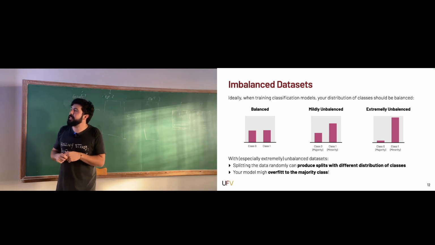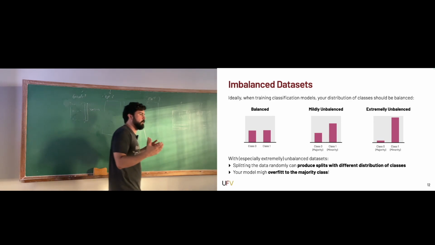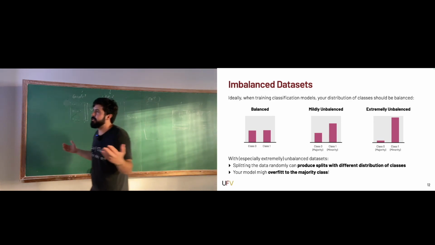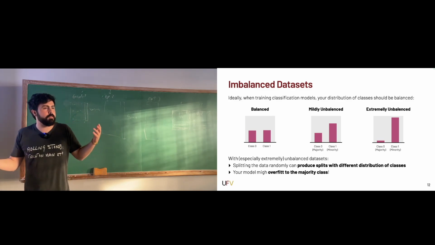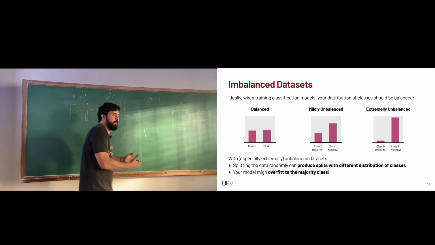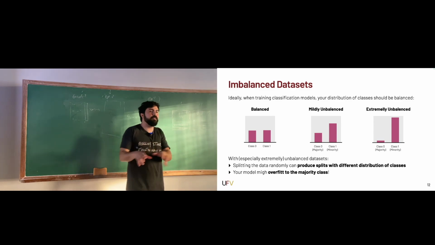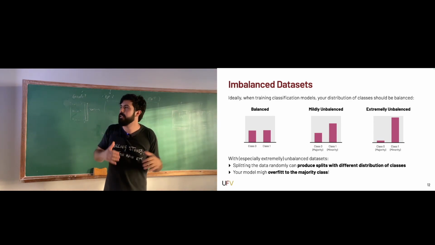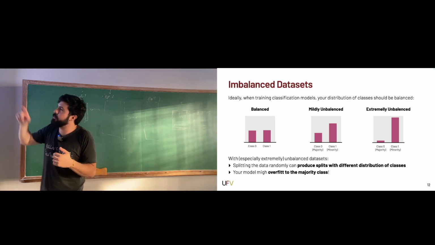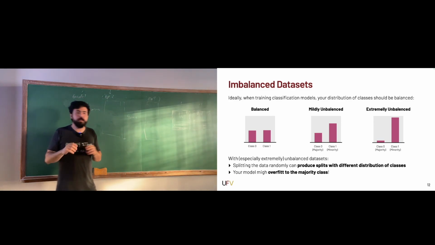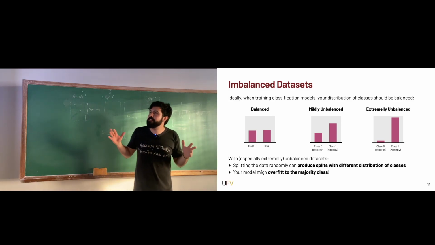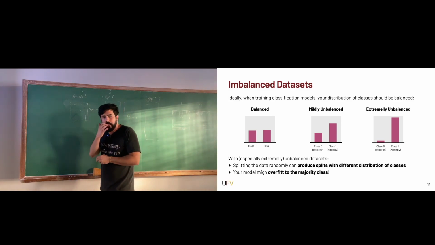Or what I mean by that is the same number of examples per class. So if you have 2 classes and 100 examples, ideally you should have 50 examples for class 0 and 50 for class 1, or roughly about that amount. If you have that scenario, which is the one on the left-hand side, then we call this data set a balanced data set.